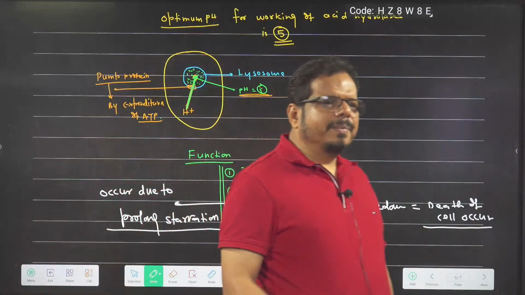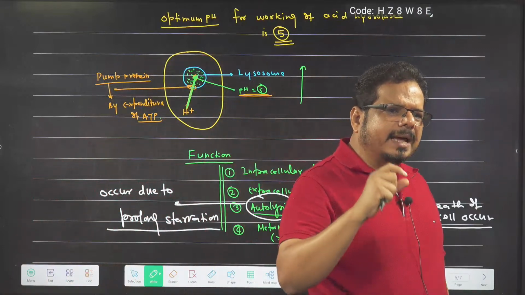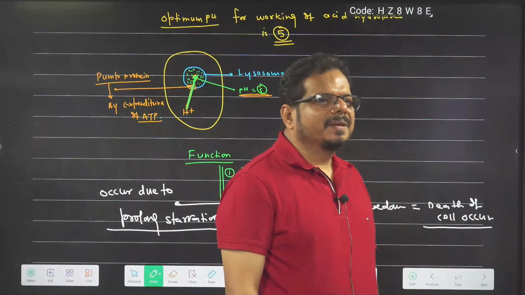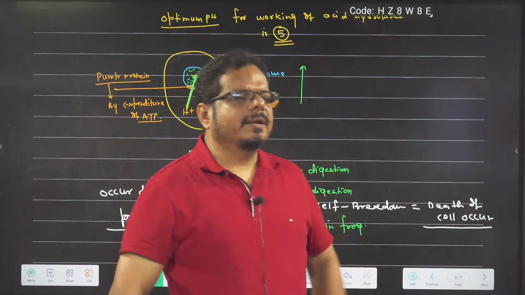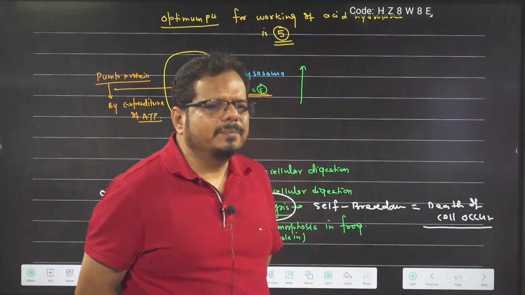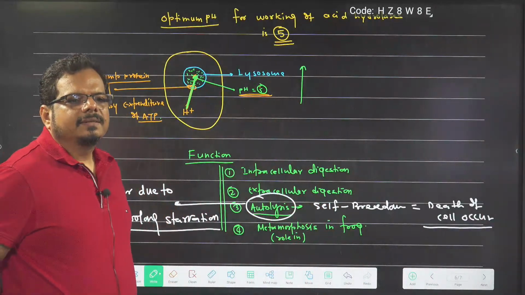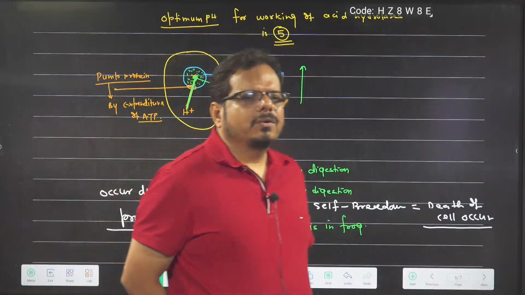So the enzyme becomes active only when it comes in contact with others. When the enzyme came in contact with the other cell organelle, it became active. As long as it is present in the primary lysosome, it is not active.